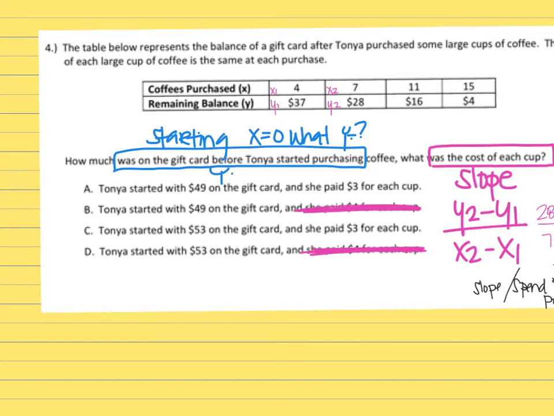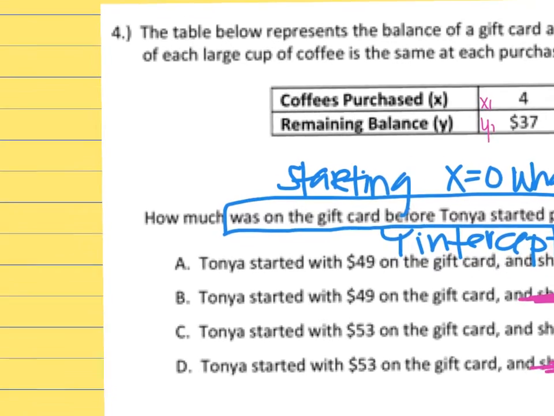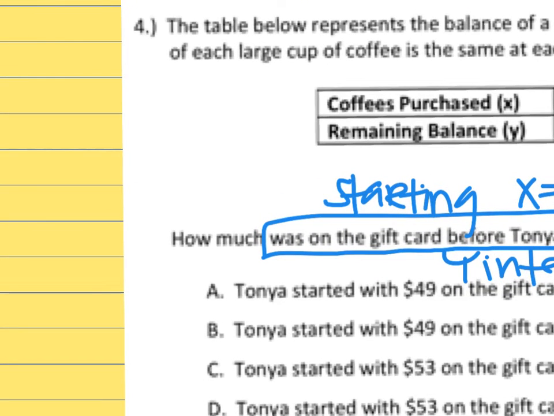Which also is y-intercept in math. But in real life, the starting amount, or when x is 0, the value of y is y-intercept. This table, when you look at it, the first value we have for x is 4. But I could go backwards and I could determine what was the value of y when x was 0.